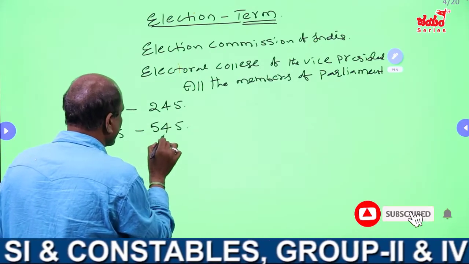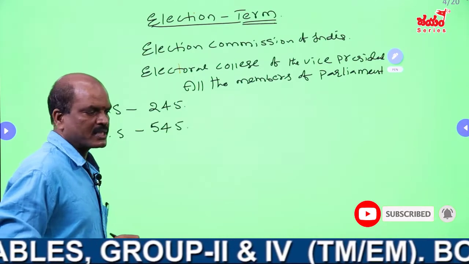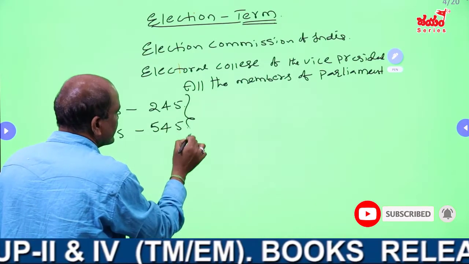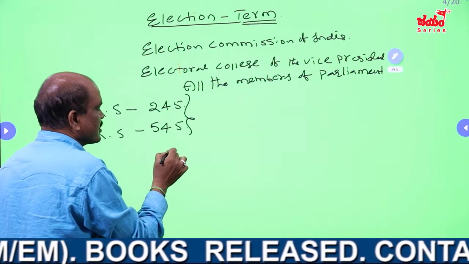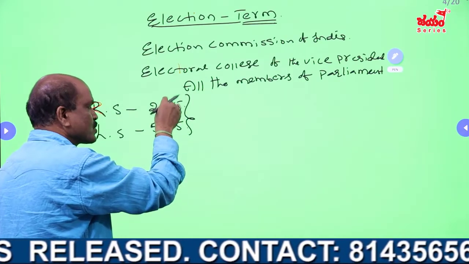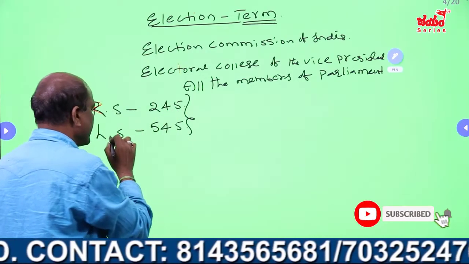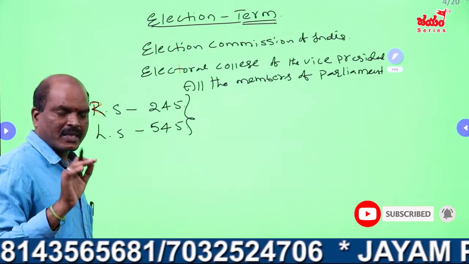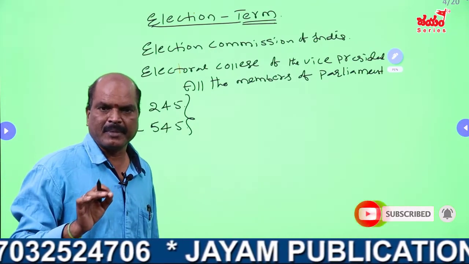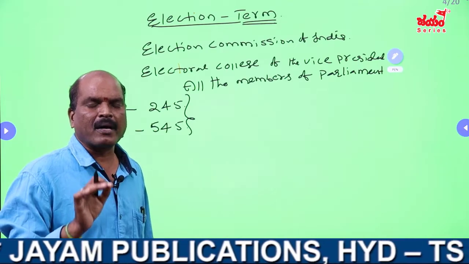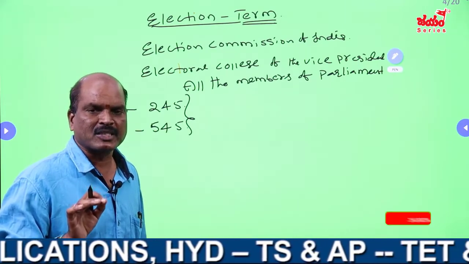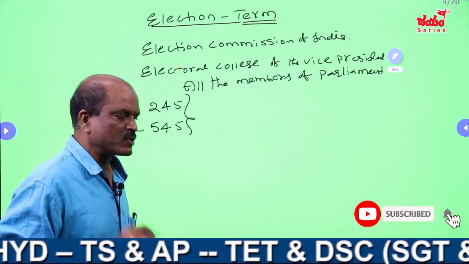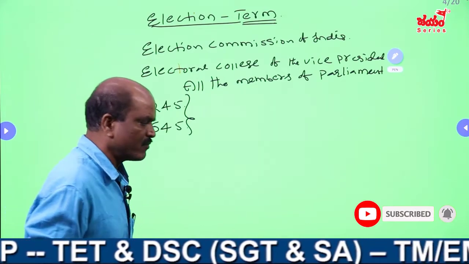Lok Sabha total strength is present 545. Nominated members are also there in Rajya Sabha and Lok Sabha. Including the nominated members, all the parliament members participate in the Vice President election.